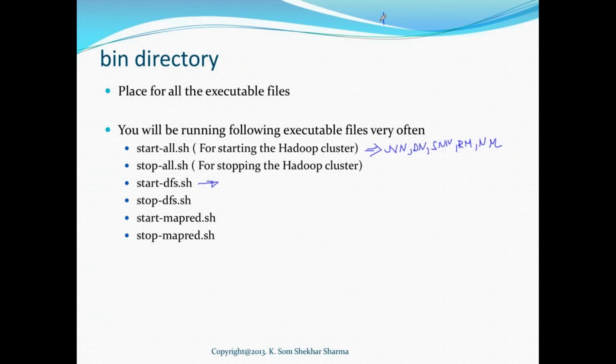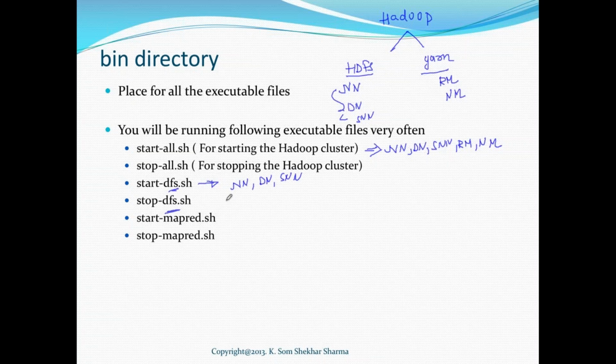When you talk about Hadoop, you talk about HDFS and the YARN computation framework. HDFS is managed by three processes, namely name node, data node, and secondary name node. YARN is managed by two processes, resource manager and node manager. When you say start-dfs, it will start these three processes: name node, data node, and secondary name node.